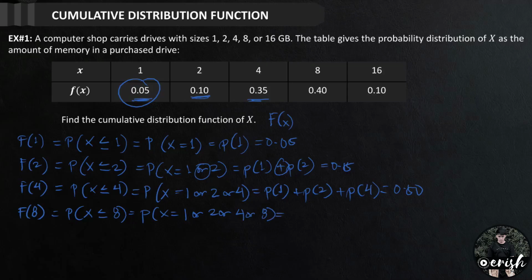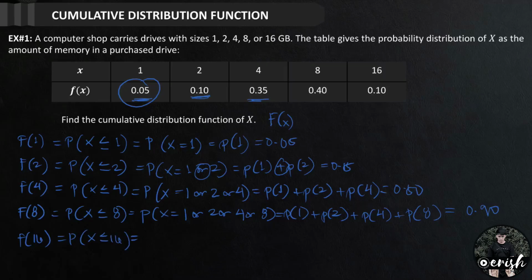And again, pag-addin lang natin dahil or yung nakalagay na dyan, probability of 1 plus probability of 2 plus probability of 4 plus probability of 8. And this is equal to 0.9. Lastly, for the F of 16, this is P of x less than or equal 16. Again, ito lang din yung gagawin natin dyan. And ang magiging value natin for F of 16 is equal to 1.